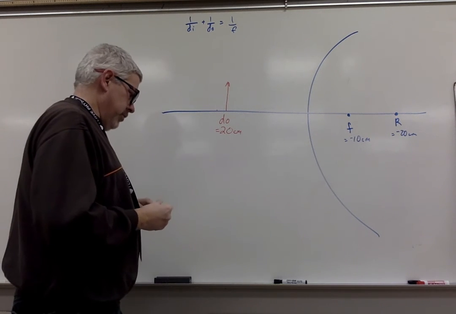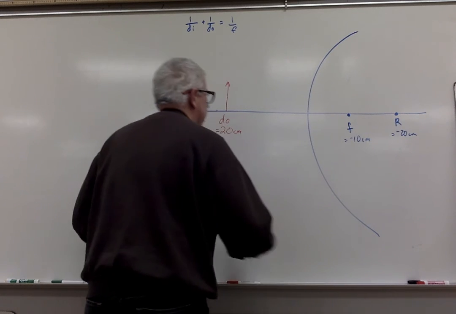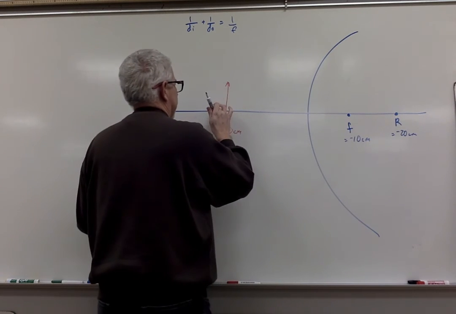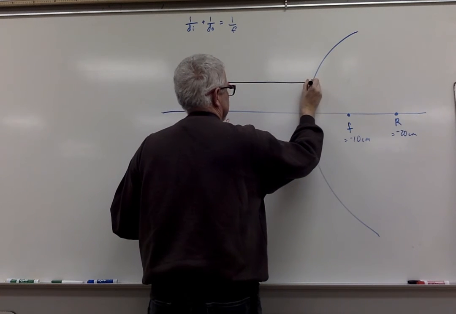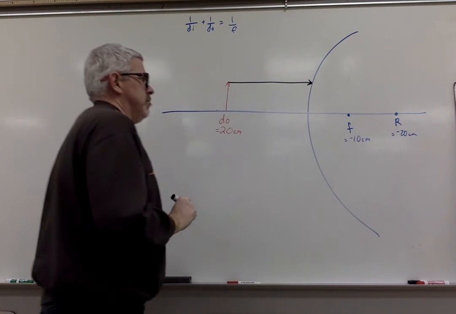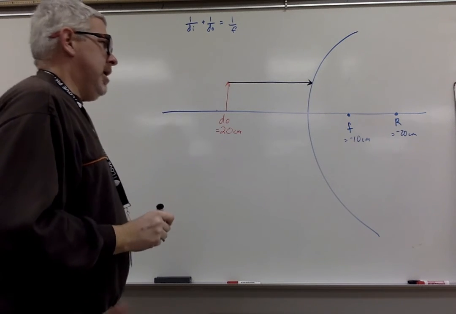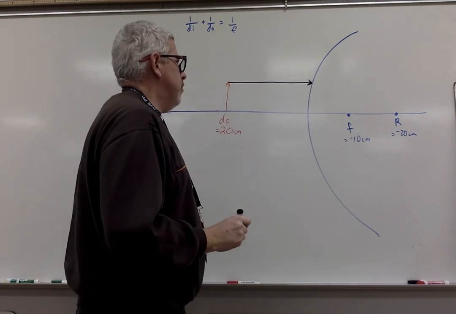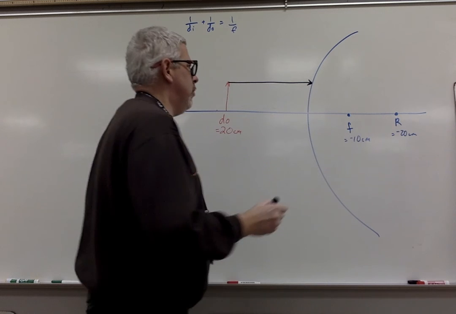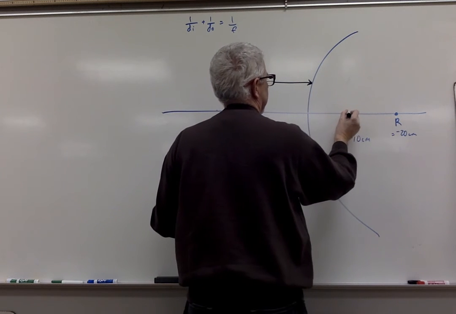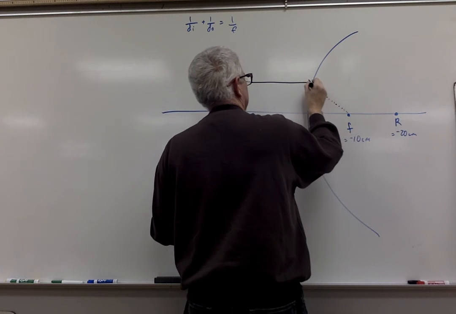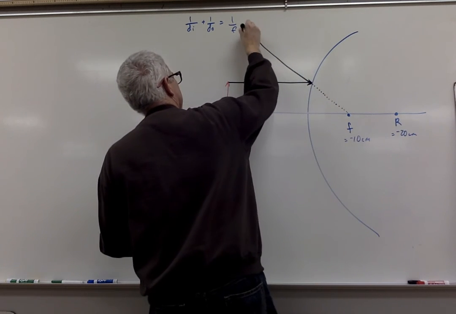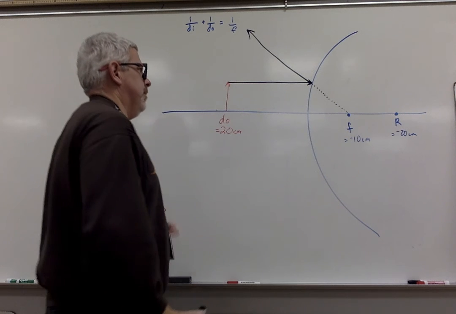So what I'll do is I'll draw a couple rays. Here's how I do that. The first one, I'll draw parallel to the optical axis. That's similar to what we've done several times before. Now I can't go into the mirror, but what we can do is think of it as if it would reflect from the focal point, and it'll go out like that.